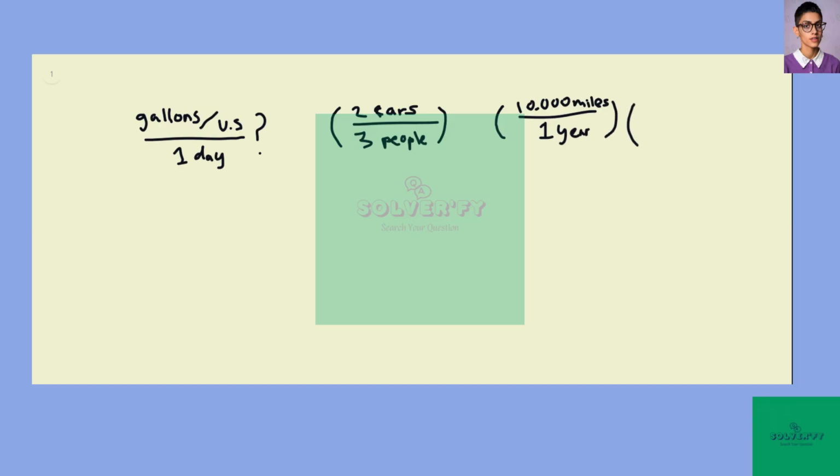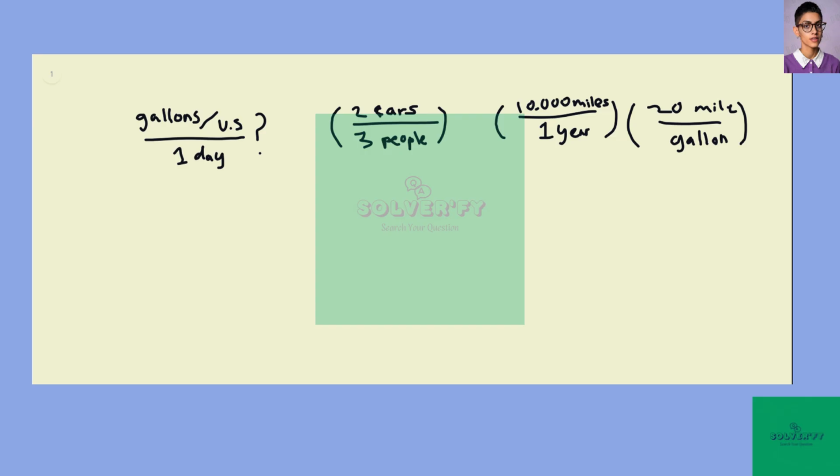And then the average car gets about 20 miles to the gallon. Right away, at least for the quantities for the car, we can use these two quantities to get how many gallons are used per year. And so that'll at least get us close to this quantity of gallons per time length.